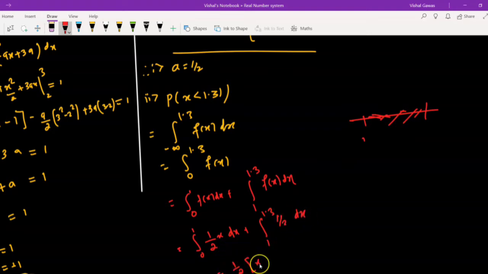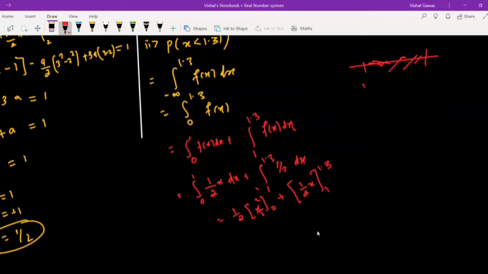Again use the formula: this is x square by 2 from 0 to 1, and this will be 1 by 2x from 1 to 1.3, right? This is just mere calculation, so this is half times 1 squared minus 0 squared plus half times 1.3 minus 1.